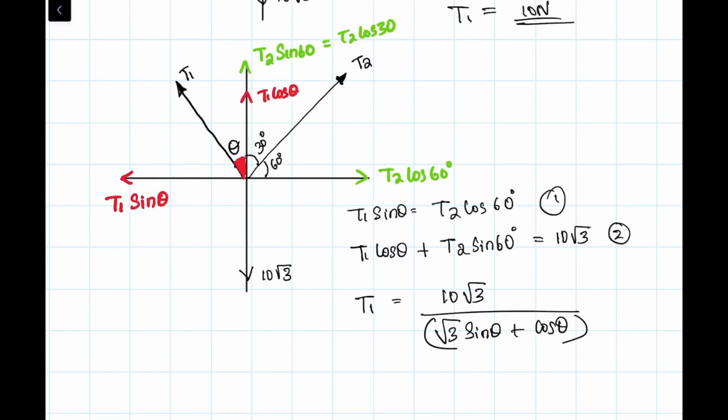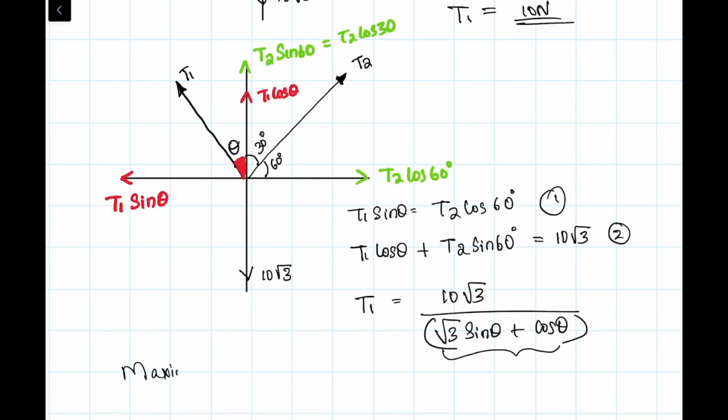So when will this denominator become maximum? Just think, when will this denominator become maximum? The maximum value of this term is 2.